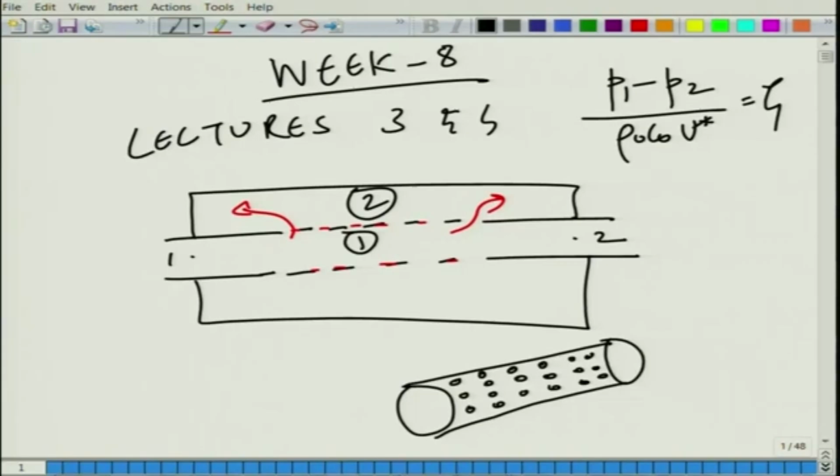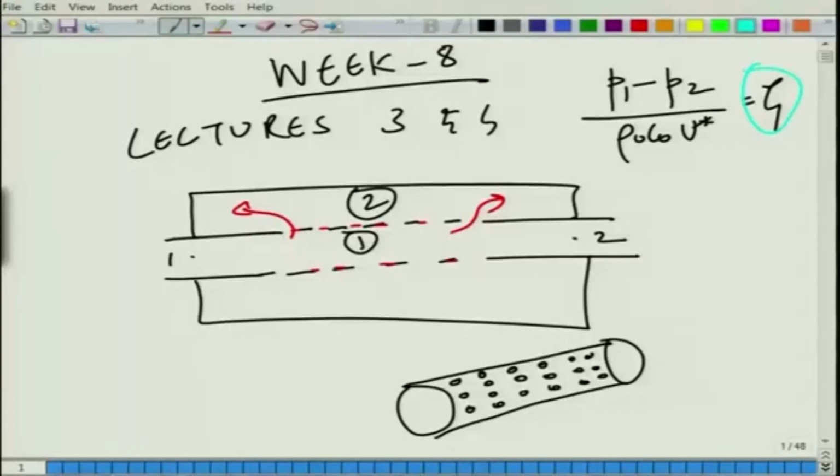In this course, to be very honest, it is almost impossible to cover all of them, and it is also difficult to give you a proper chronological historical account of the development of such expressions. But I am going to talk about 3 or 4 of the important expressions used by different groups of researchers worldwide.